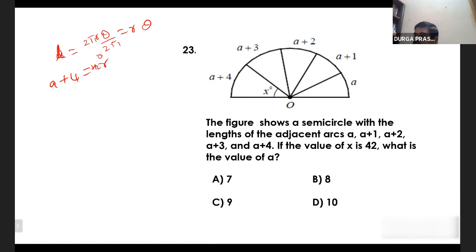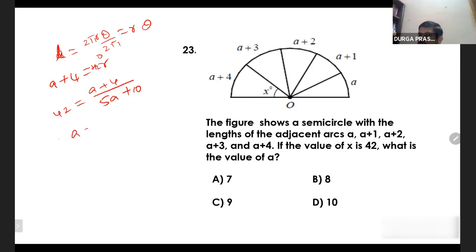We can also take it as a plus 4 ratio by total ratio into the angle, x degrees, 42 equal to a plus 4 by total ratio. What is the total ratio? 1, 2, 3, 4, 5a plus 1 plus 2 plus 3 plus 4, 3 plus 3 is 6, plus 4 is 10.